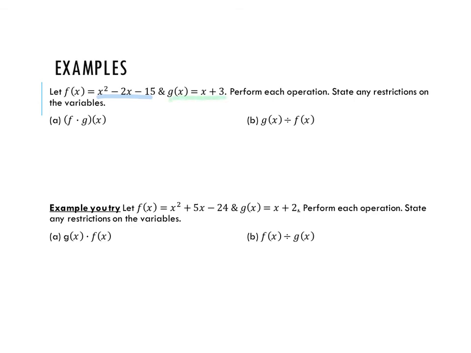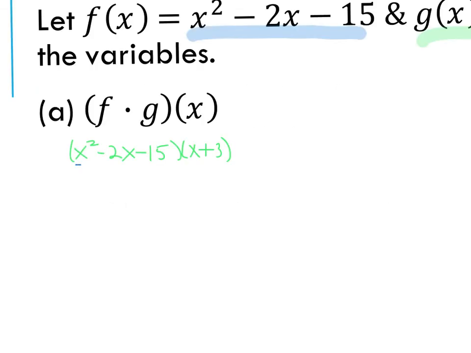So in letter A, we're going to do f times g of x. Notice we have our f function followed by our g function. And to multiply these, we are just going to distribute. So we know x squared times x is x to the third. X squared times 3 is plus 3x squared.